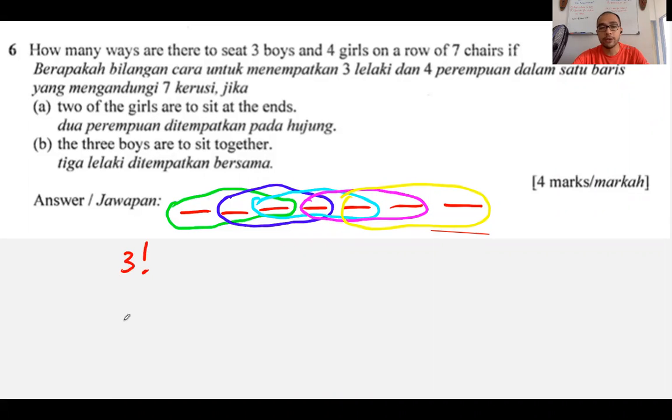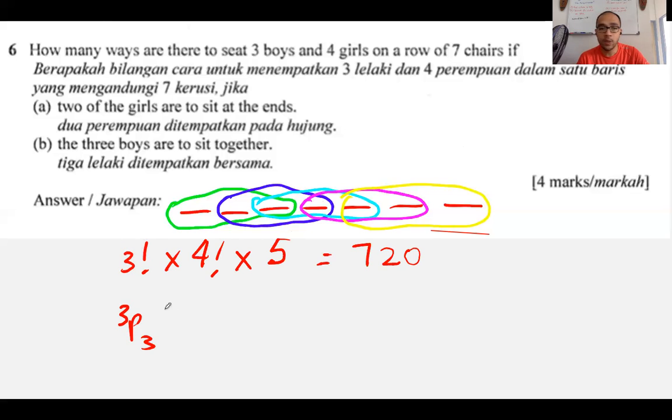Okay, 3P3 or 3 factorial is the same. 3 factorial times, then the 4 girls will be disusun, so it will be 4 factorial. Susun semua 3 lelaki, susun semua 4 perempuan secara berasingan. And because there are 5 different cases where the 3 boys can sit together, we will times everything by 5. Okay, and we will get our final answer 720.